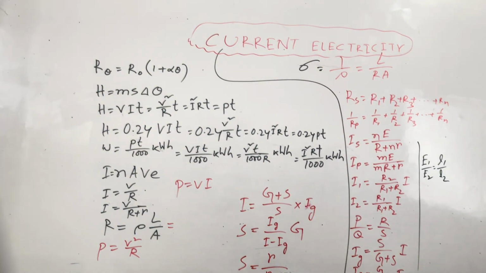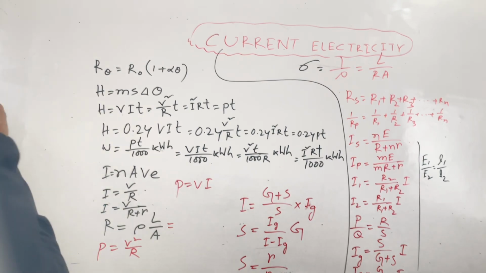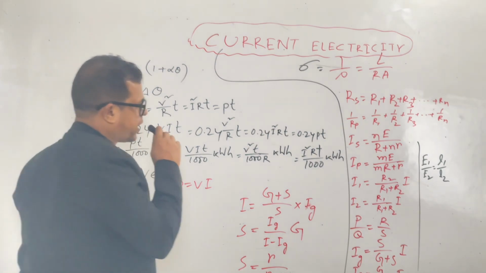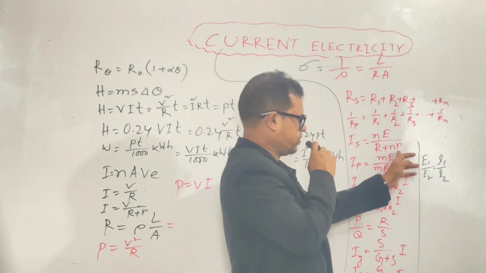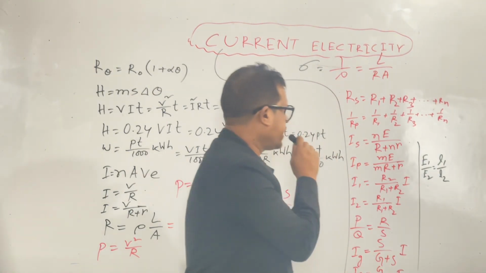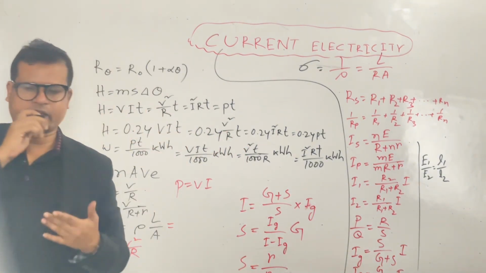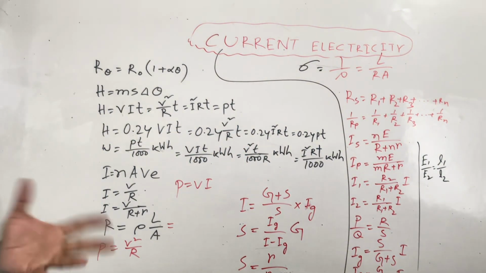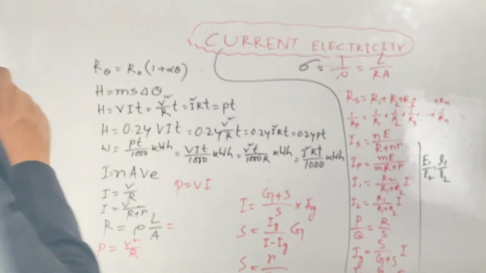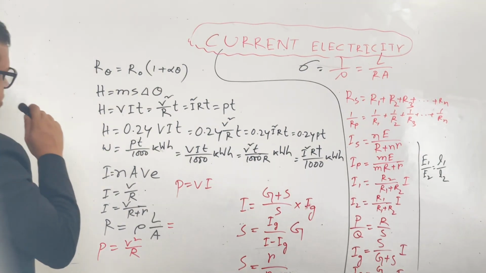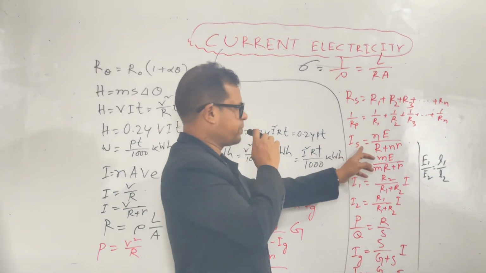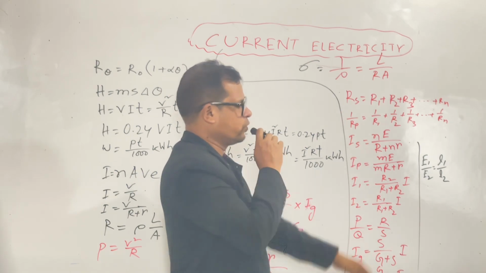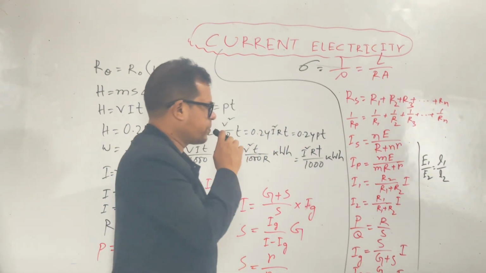Now, what's the formula for IS? IS equal to nE over R plus nr. Here it is the series connection of cells, not resistances. Due to the series connection of cells, you have to apply this formula: IS equal to nE over R plus nr.